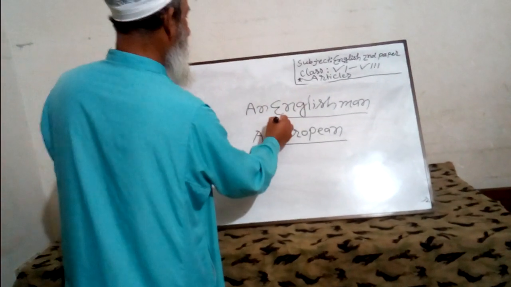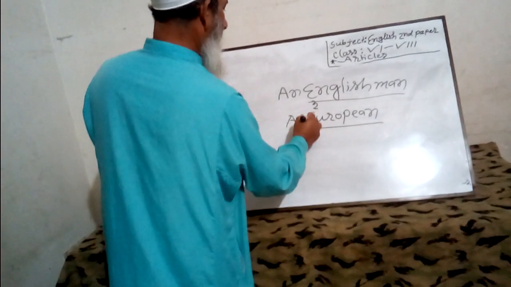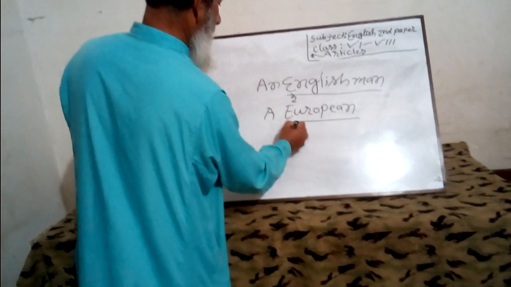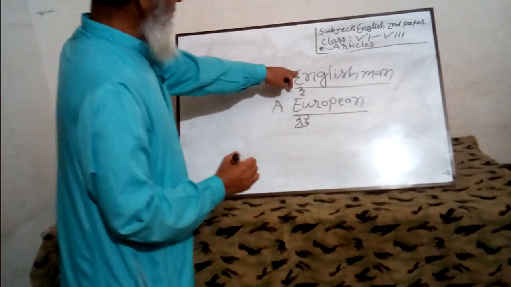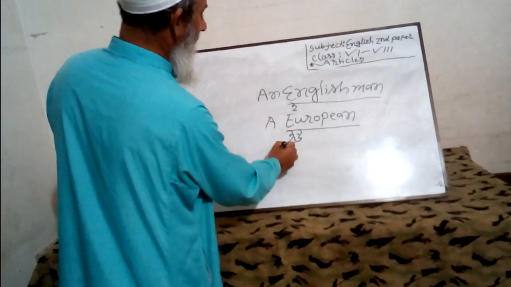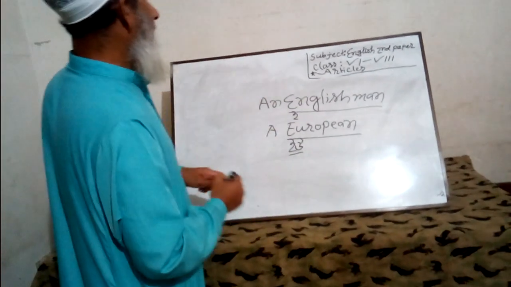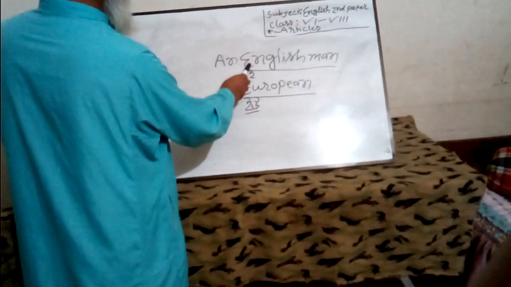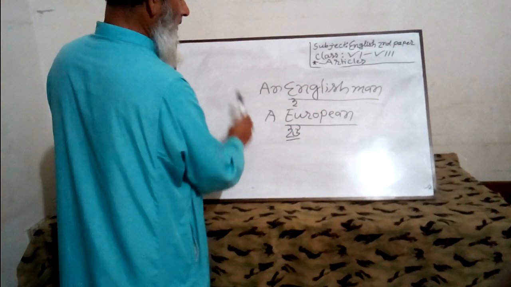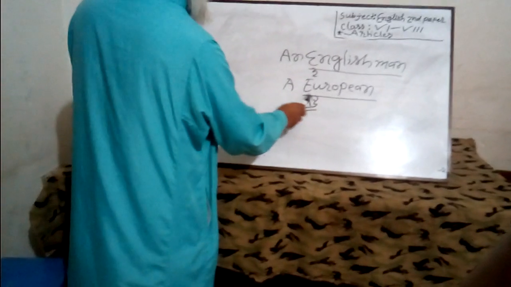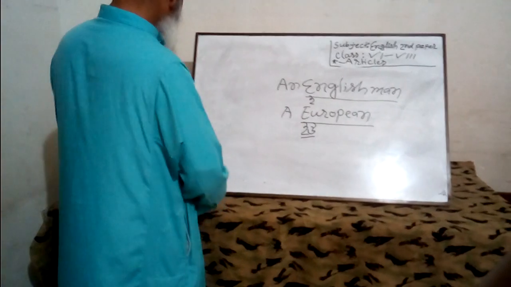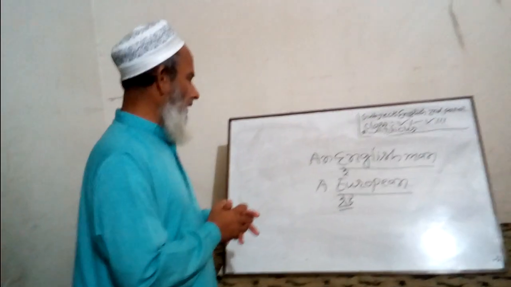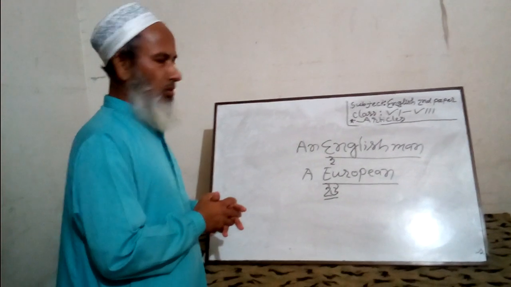But here English sounds like E, and here European sounds like yoo. If any word starts with E and it sounds like E, we should use an. But if it sounds like yoo, we should use a. So the use of article a or an depends on the sounds of the word.